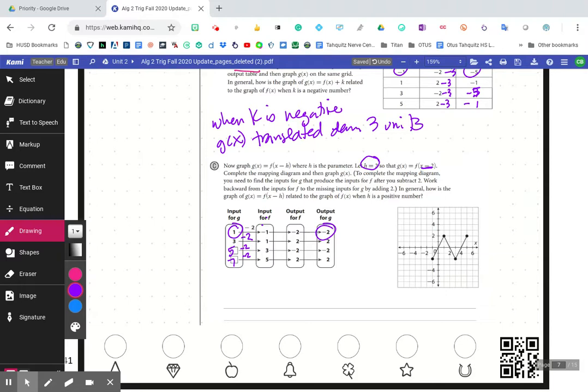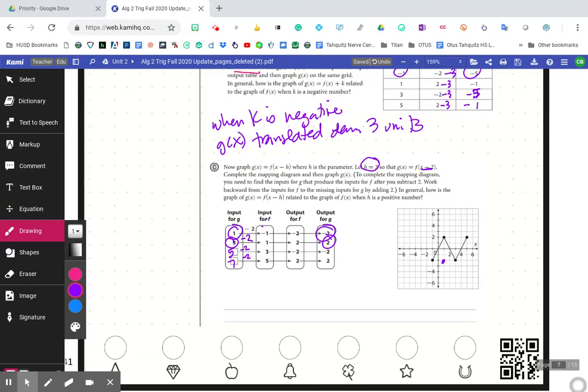Yeah, it is. Okay, I'm looking at the answers. And then I'm going to go out 3, up 2. So out 3, up 2 is going to go there. Then I'm going to go out 5 and down 2. And then I'm going to go out 7 and up 2. Oh, that's 6. Sorry.